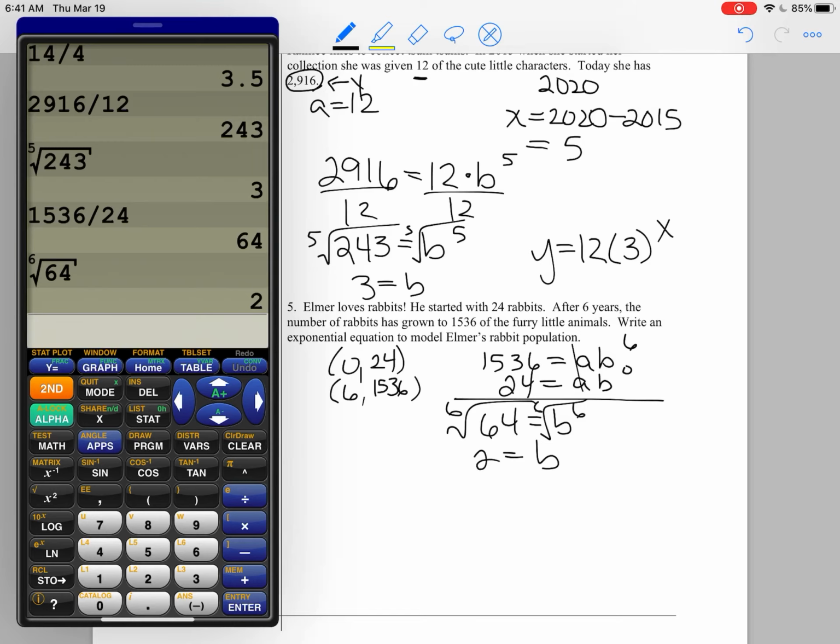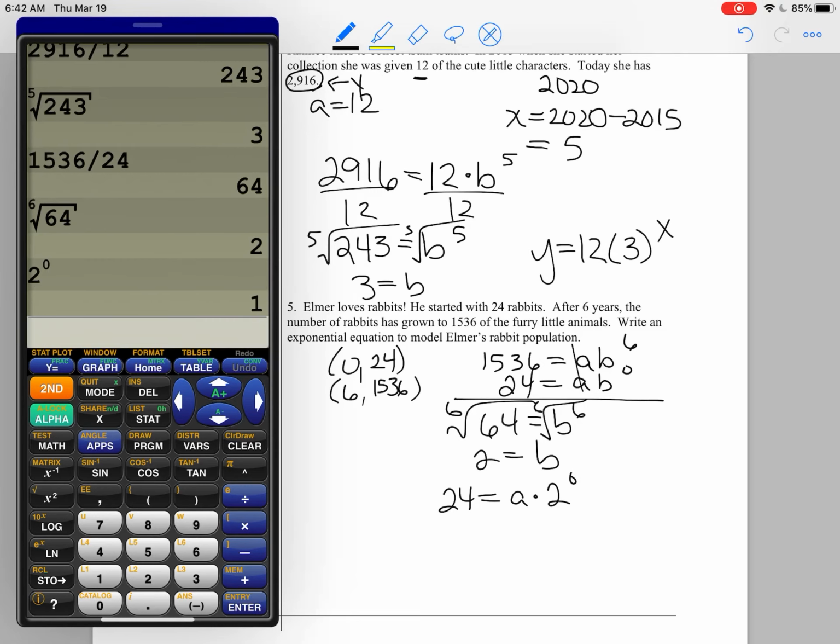Now write our equation. So start with 24 equals a times 2 to the 0 power. 2 to the 0 equals 1. So a is equal to 24. So my equation is y equals 24 times 2 to the x.